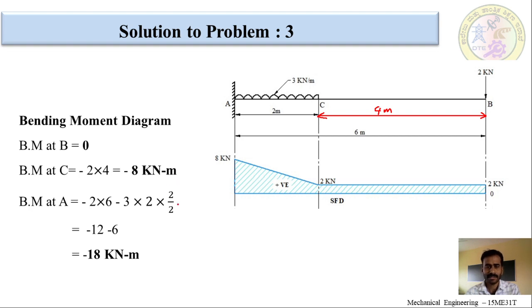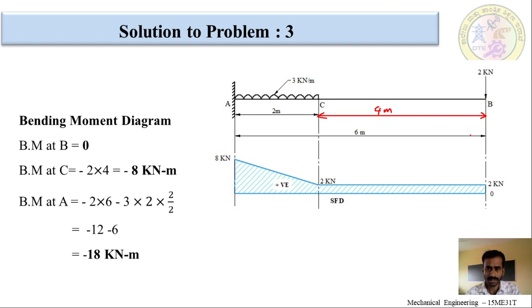Okay. Now moving on to the bending moment at A. So, when you are calculating bending moment at A, consider this point load as well as the UDL. So, for calculation of the bending moment due to the point load, we have to multiply the value of the load into the distance.